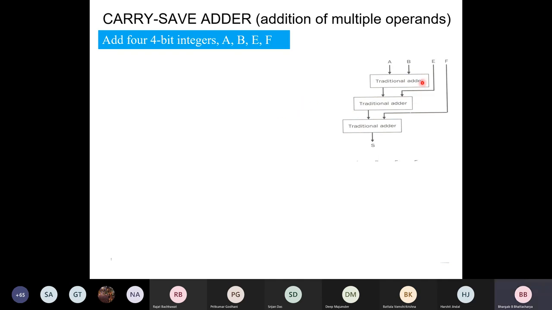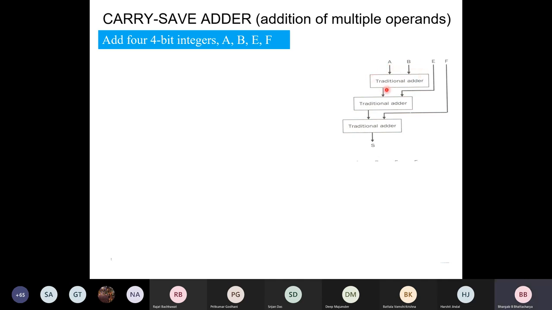So if I have a traditional adder, both a and b comprise 4-bit each. So this is a 4-bit adder. This is a traditional adder. It may be ripple carry or whatever, doesn't matter. So I add 2 numbers a and b. These are multi-bit numbers.